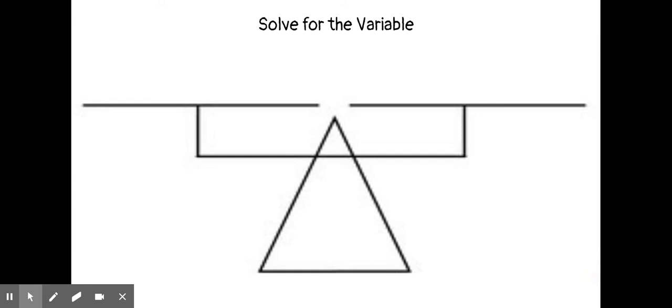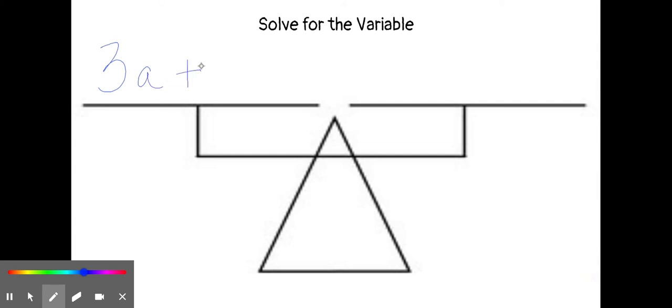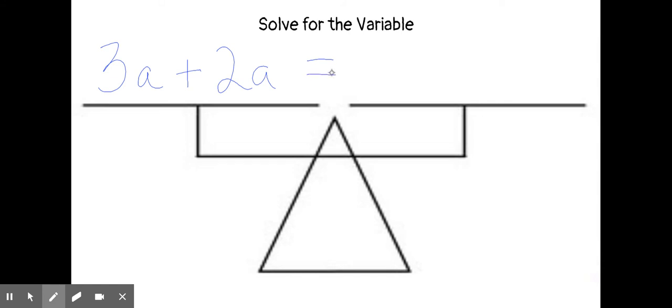So let's say that I tell you that 3a plus 2a, there's that equal sign. Now maybe you were wondering if we were going to put something on the other side. Well, now we are. So on the other side, I'm putting 50.